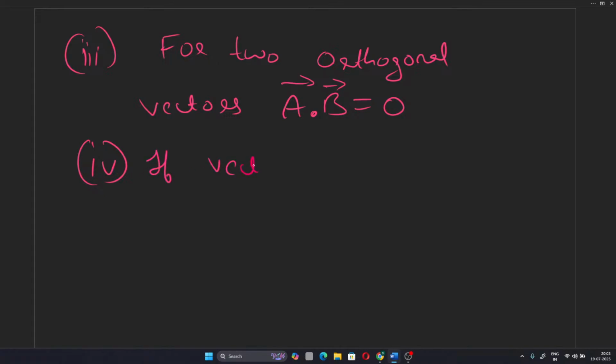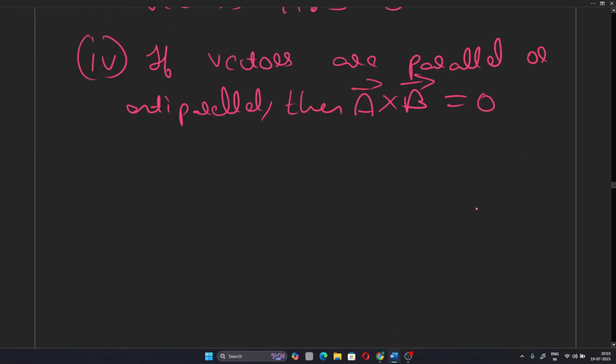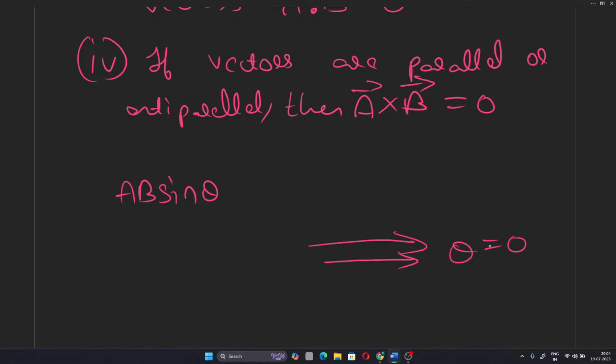If vectors are parallel or anti-parallel, then a cross b equals 0, because a cross b is basically ab sine theta, and if vectors are parallel like this, theta equals 0, sine 0 equals 0, and when they are anti-parallel, theta equals 180.